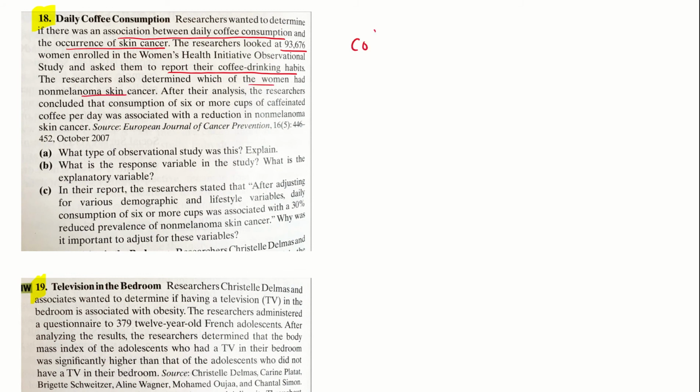So they're asking this question: coffee drinking, skin cancer? After their analysis, they concluded that 6 or more cups of caffeinated coffee was associated with a reduction of non-melanoma skin cancer.